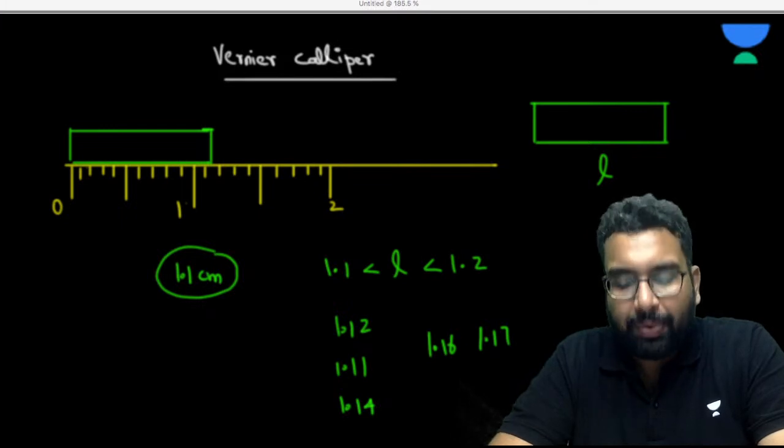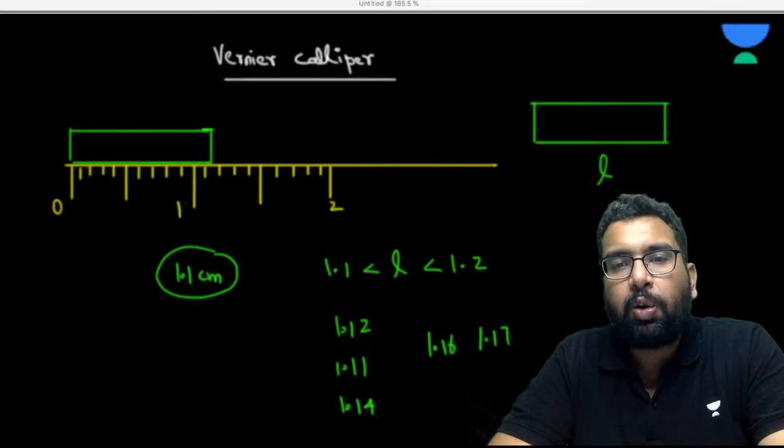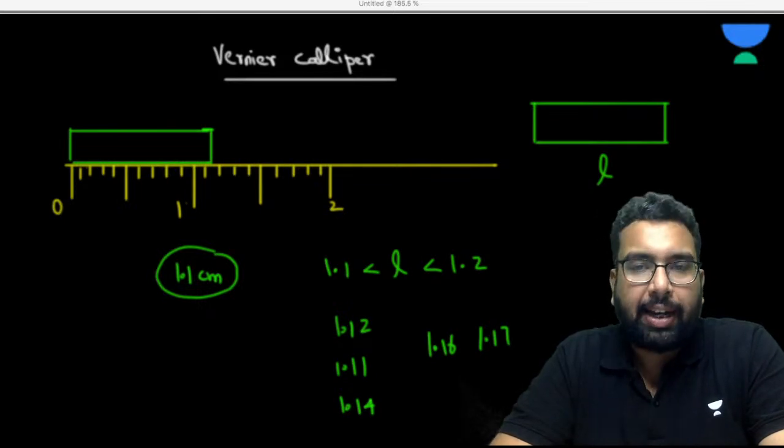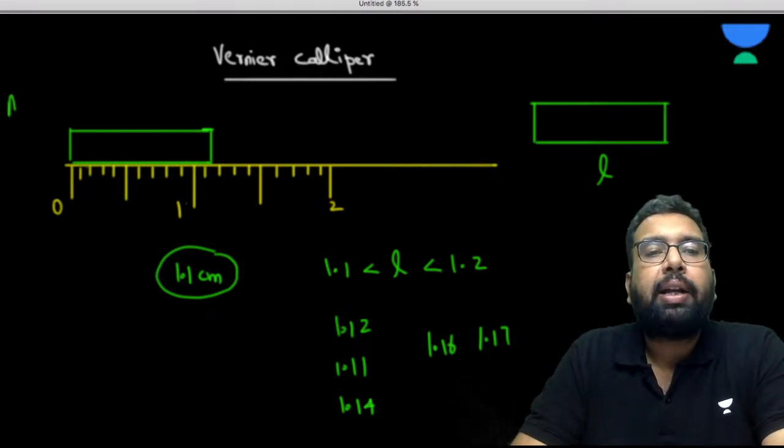I'm trying to make it very clear to you so that you understand this whole concept of using the vernier caliper. Now, what do we realize from here? I'm talking about this meter scale.